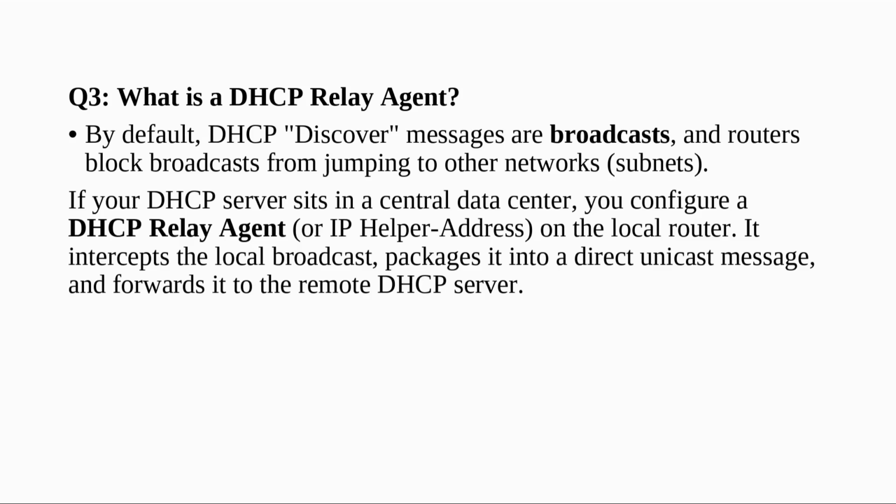Another is the DHCP relay agent. By default, DHCP discover messages are broadcast, and routers block broadcasts from jumping from one network to another. If your DHCP server sits in a central data center, you configure a DHCP relay agent, or IP helper address, on the local router.